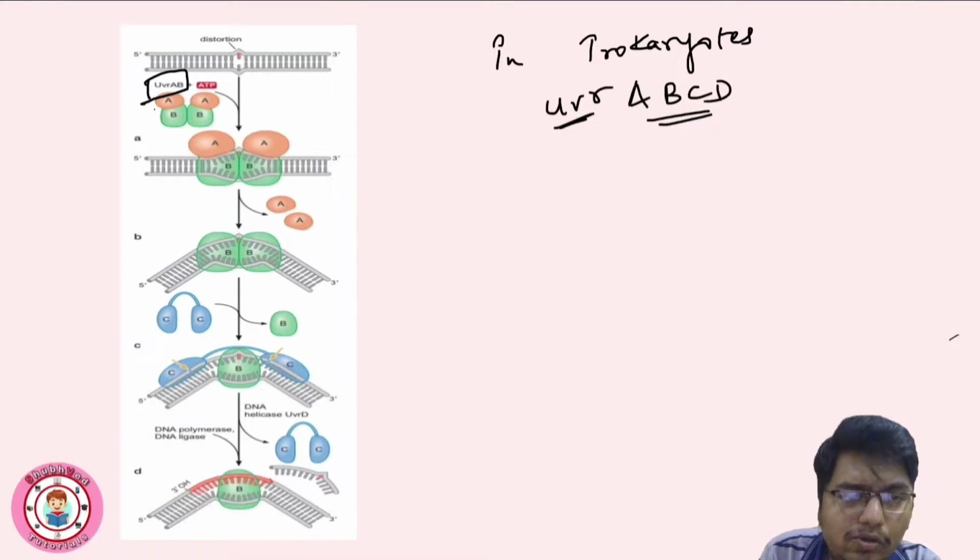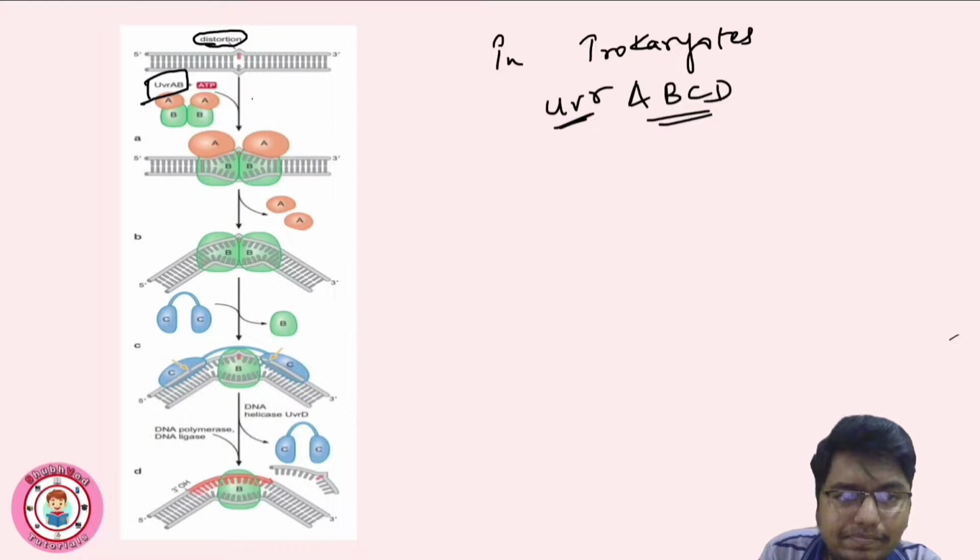Two molecules of AB are bound to each other. These dimers will come and recognize the distortion, a change in the DNA structure.